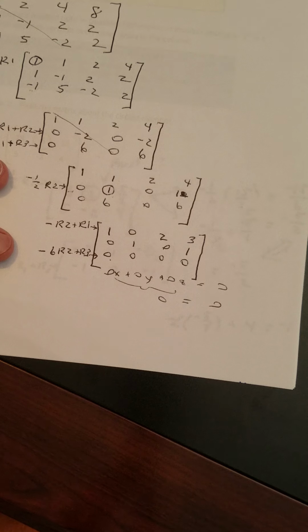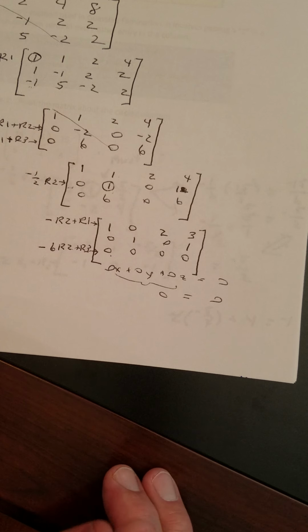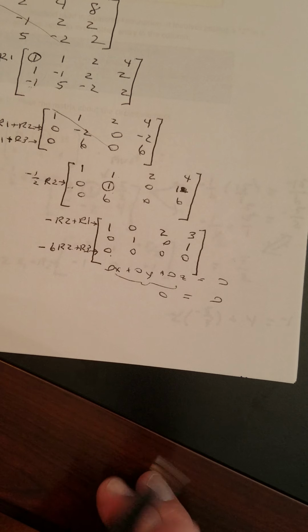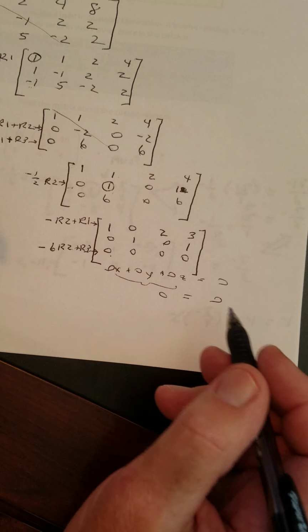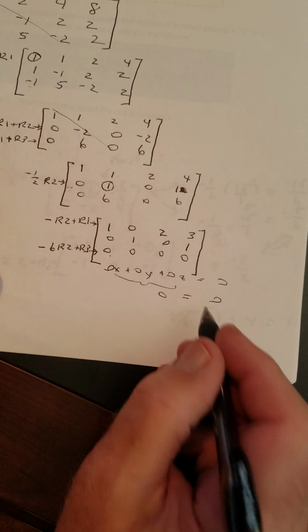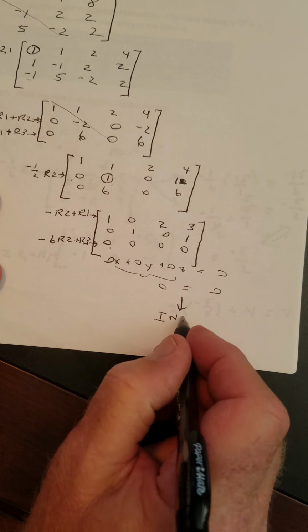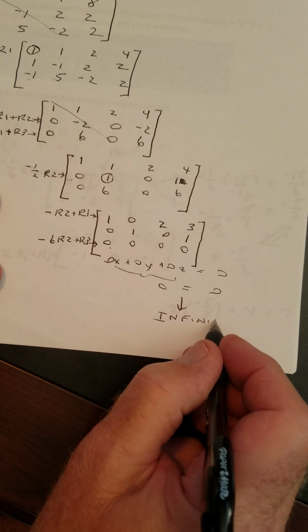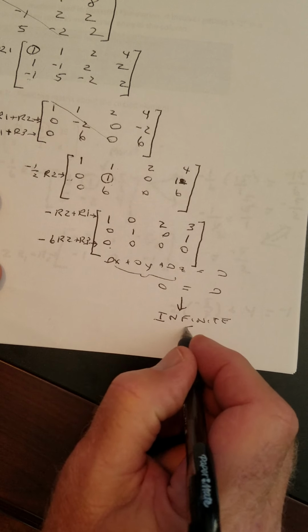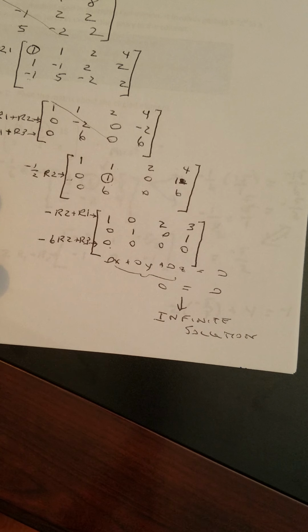Well, pretty much all the time. That means you've got two lines that are on top of each other. So on the other one, we had 0 equals some other number, so 0 is never equal to that. So I got no solution. When you get this, this is an infinite solution. And that would be your answer.